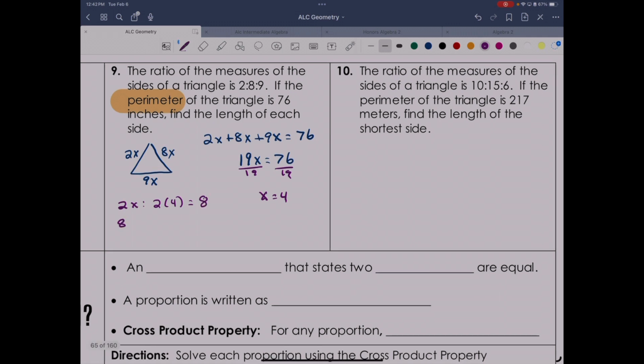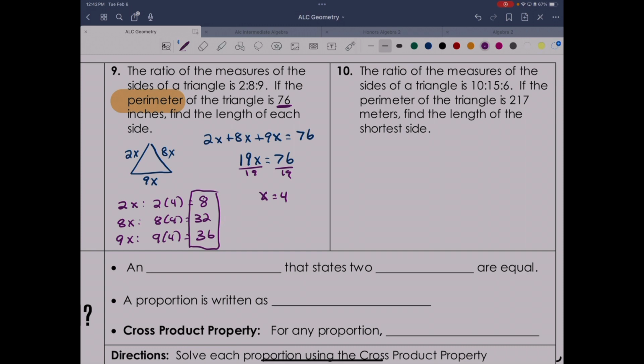Our next one is 8x, so 8 times 4 is 32. And the last one is 9x. 9 times 4 is 36. And if I took this 8, 32, and 36 and added them together, I should get 76. And I do. Okay.